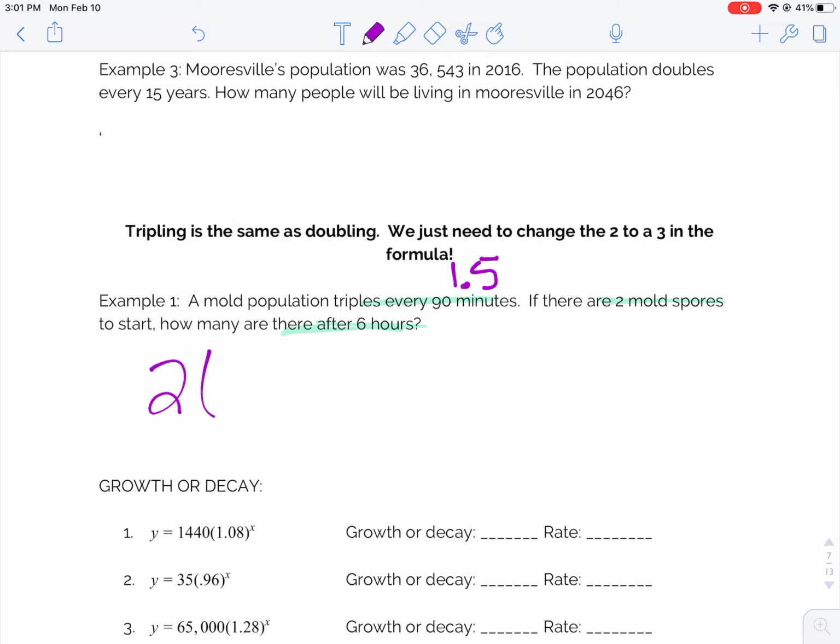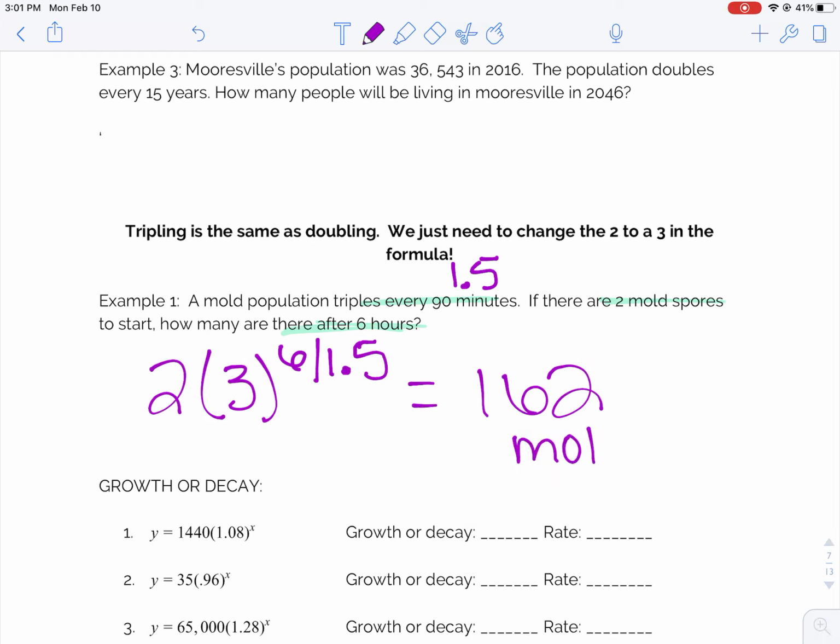So I would say 2, it's tripling, so 3 is in my parentheses. My total time is 6, but I'm dividing it by my triple time, which is 1.5. So if I plug that into my calculator, I would do 6 divided by 1.5 in parentheses, and I get 162.